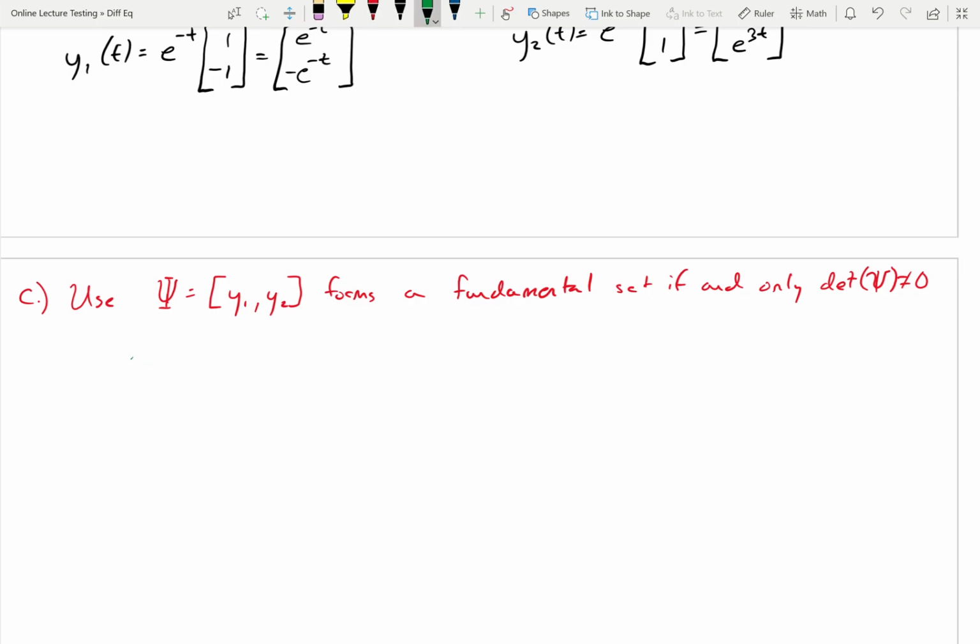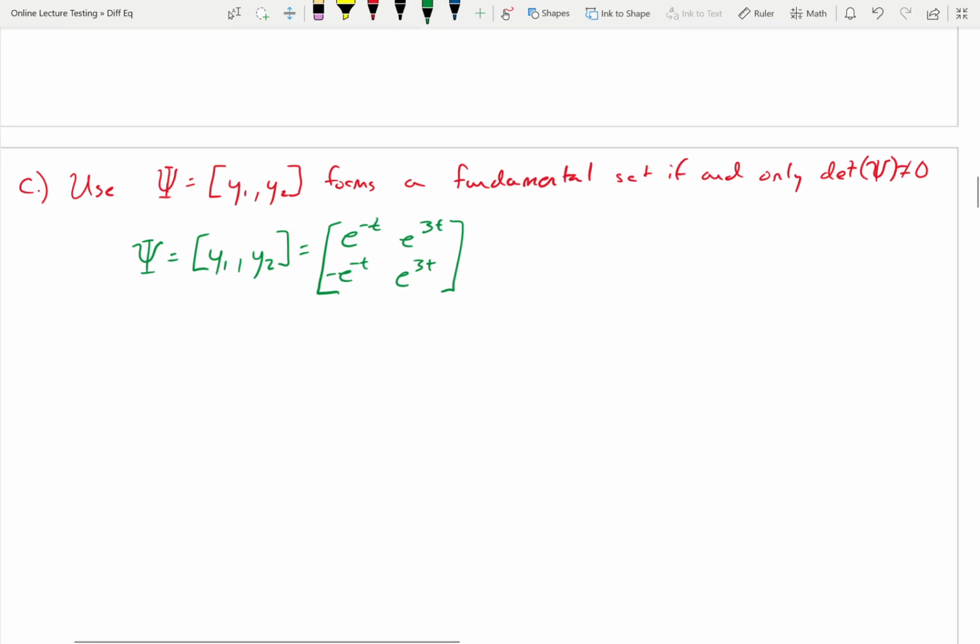All right. So psi in our case is equal to y1, y2, or the matrix e to the negative t, e to the 3t, negative e to the negative t, e to the 3t. All right, and now we're going to find the determinant of psi.